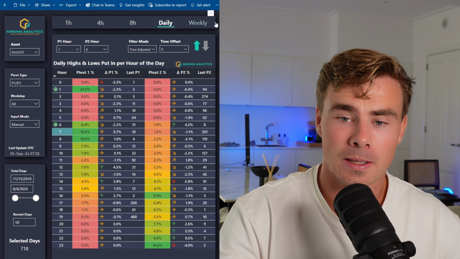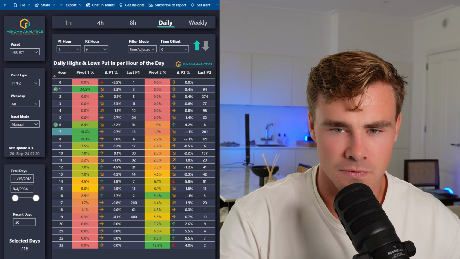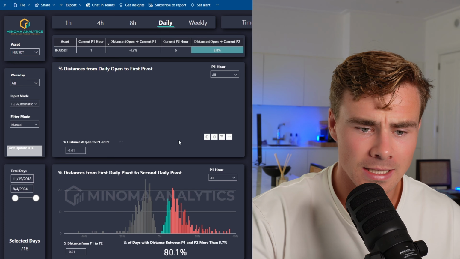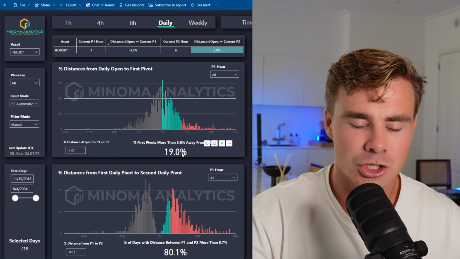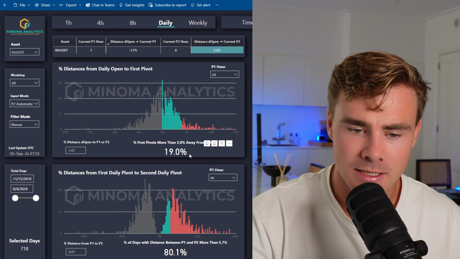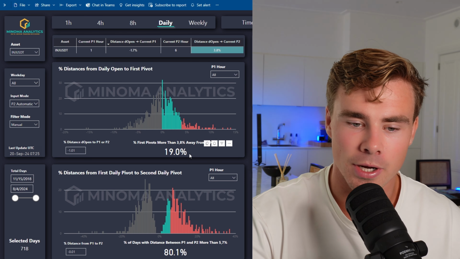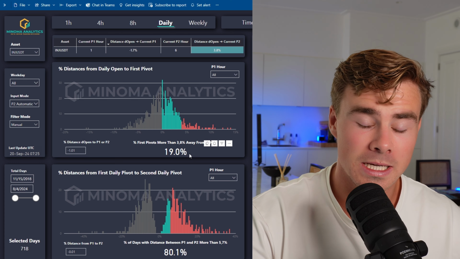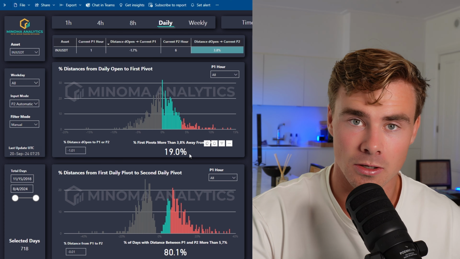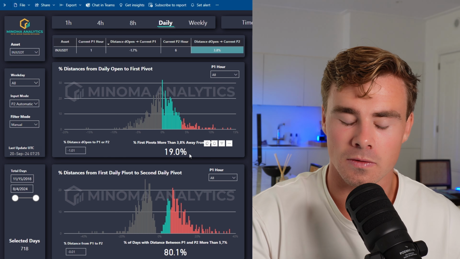Now based off the daily distance statistics, and this one is very interesting to me, we can see that this metric over here at the top is showcasing that there's only a 19% chance to break the current P1, aka to break the current daily low, which means that there's an 80% chance for the daily low to hold, which obviously provides a lovely edge.